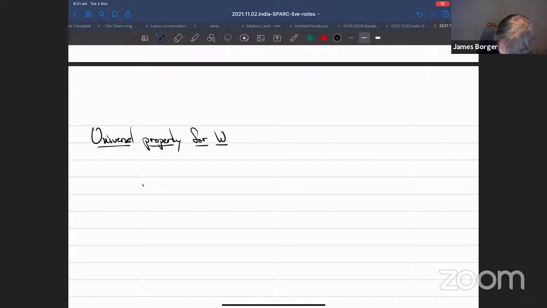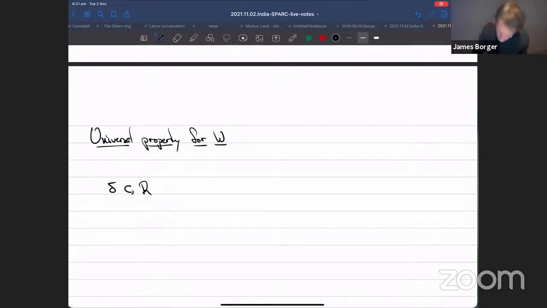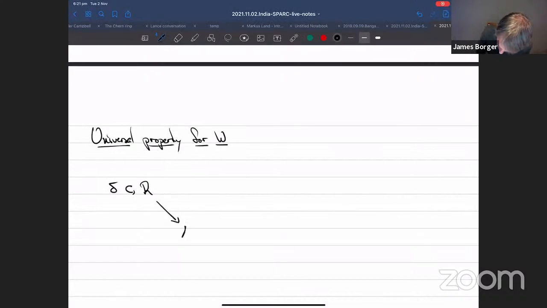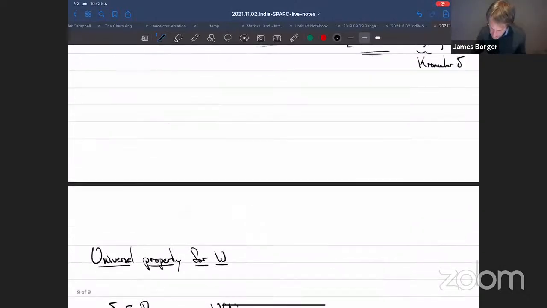So what do we have? We have now a delta ring R. We have a ring homomorphism G to just some ring A, and we have the ring of Witt vectors. Oh, I forgot to tell you delta.